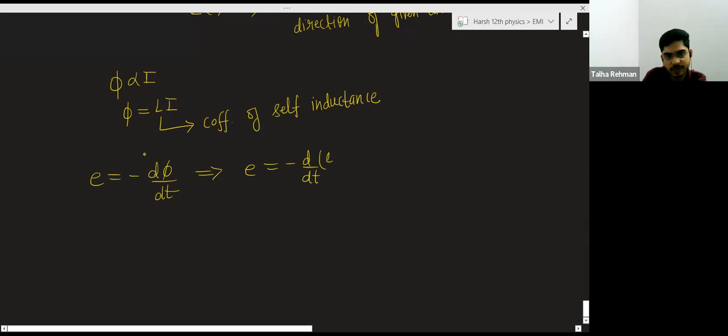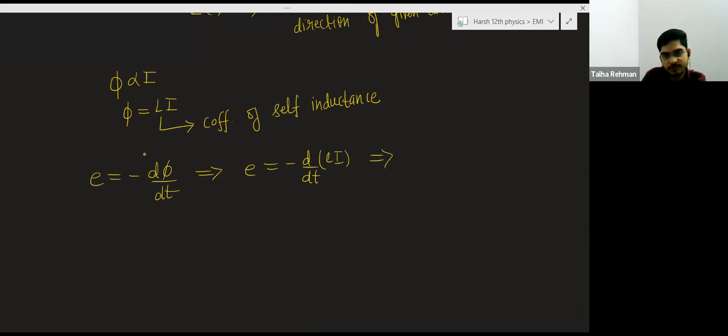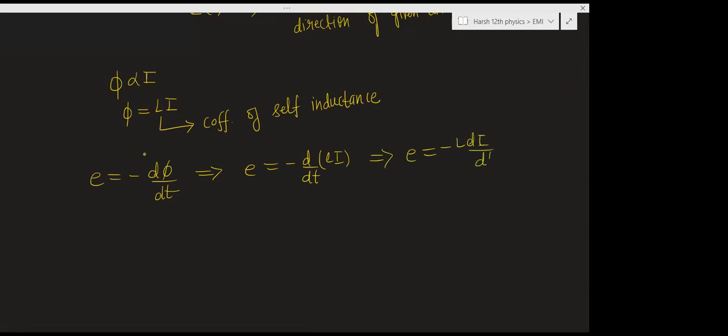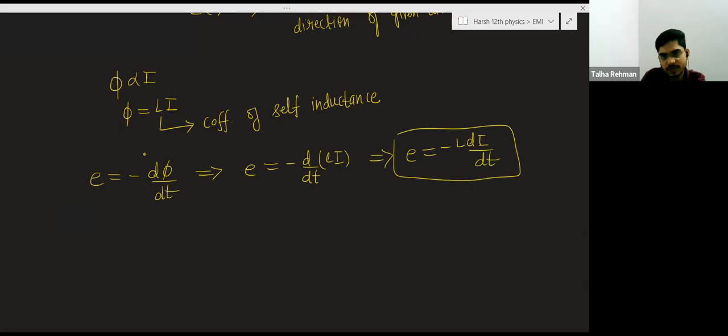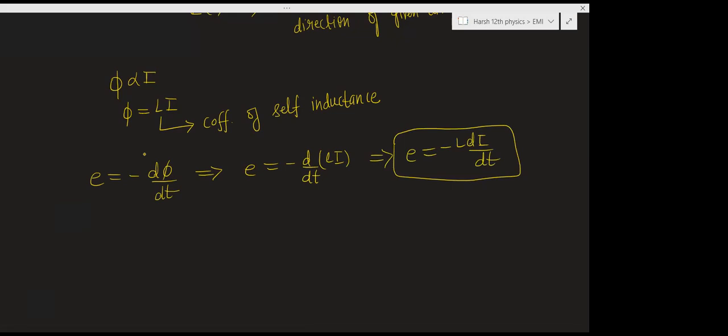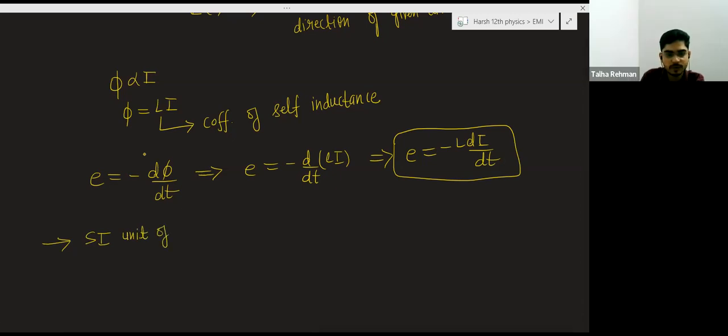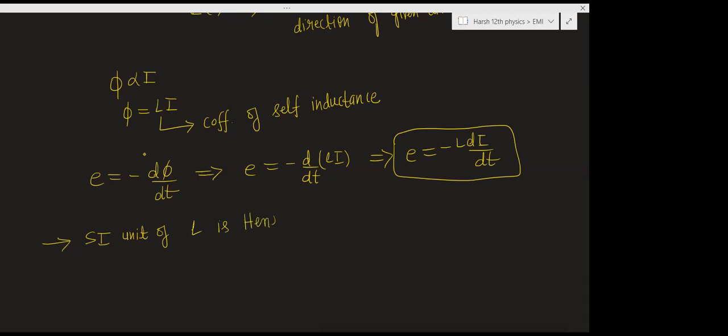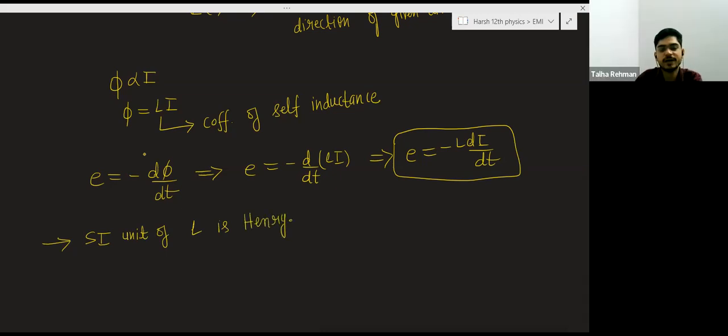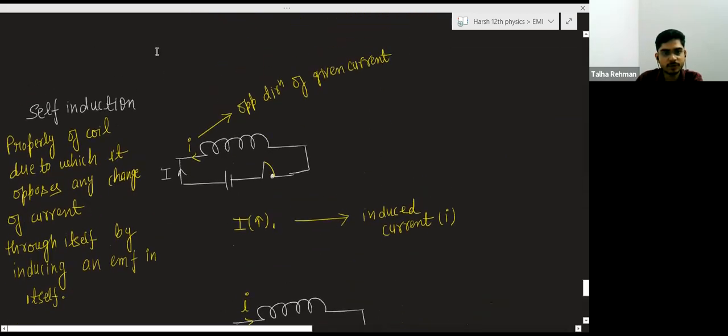This will be the induced EMF due to self induction. The SI unit of L is Henry. Okay, note down.